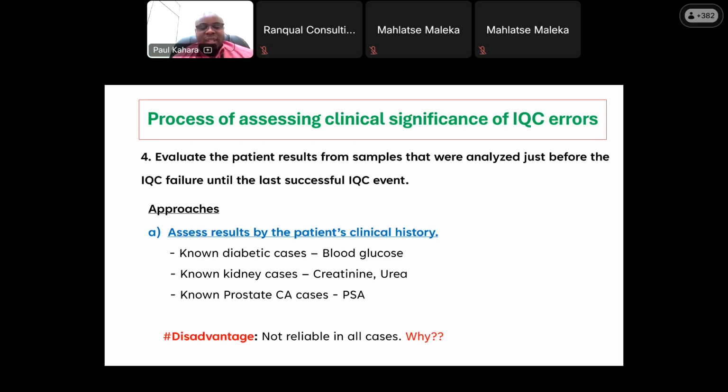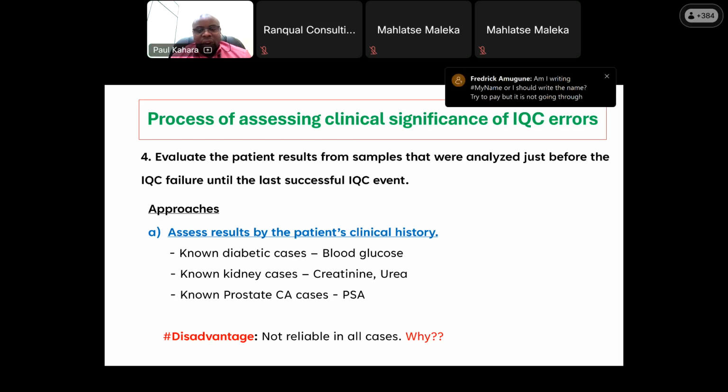For example, you have experienced an IQC failure today, and it's only that we did the QC this morning that we have realized there's a problem. If we did it yesterday night, we would have realized that problem last night. But because we did not do it, we have no idea when the problem began.